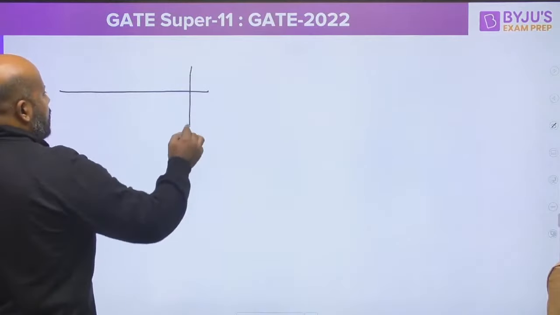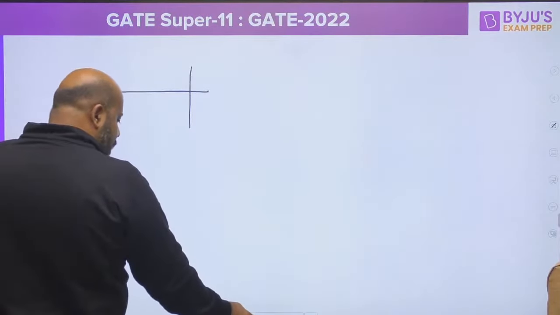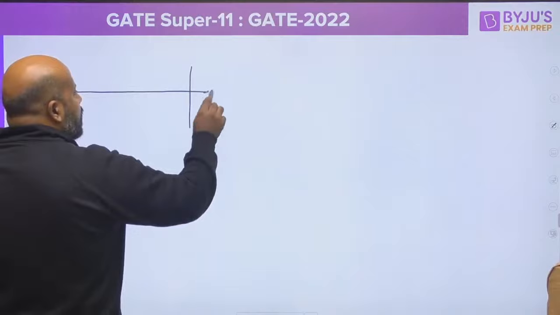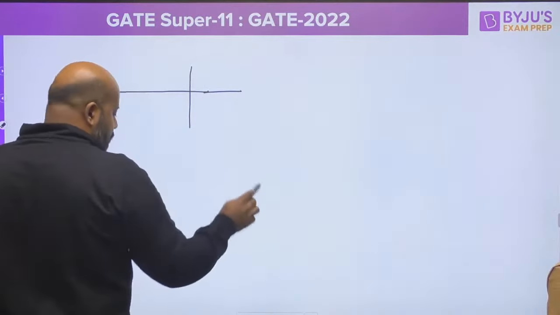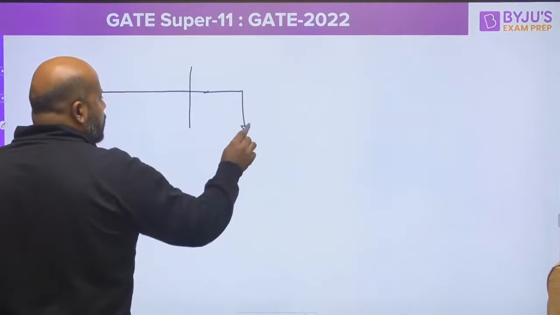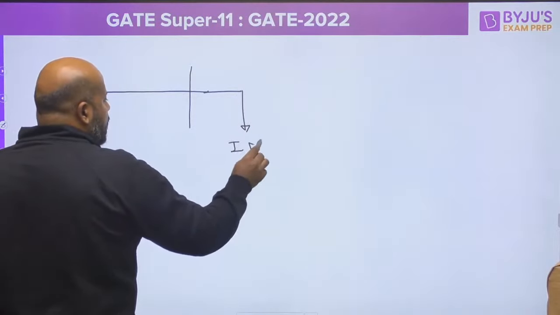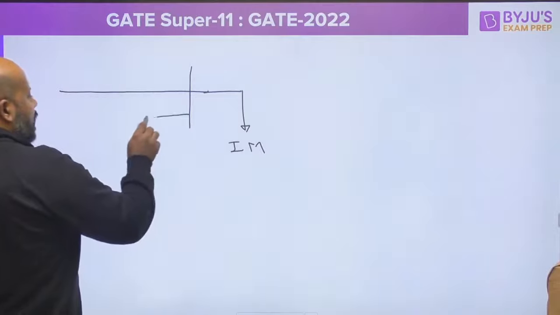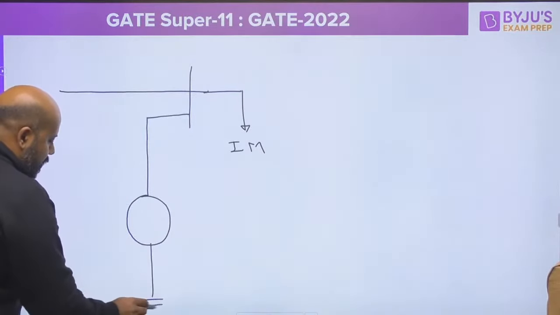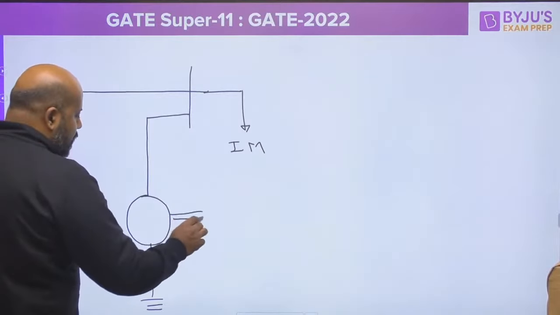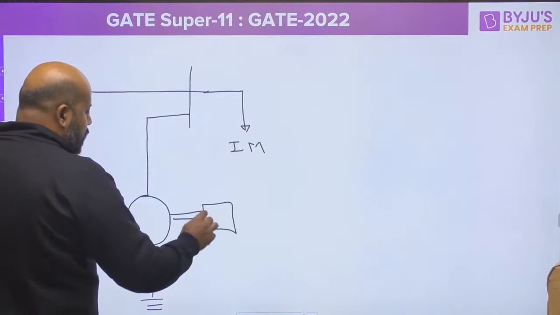Suppose this is the situation. Okay. Now this is a 3-phase induction motor. You can say induction motor is working as a load, and here one synchronous condenser is added. Synchronous condenser is going to have some load also.